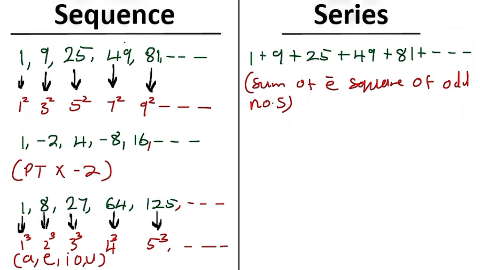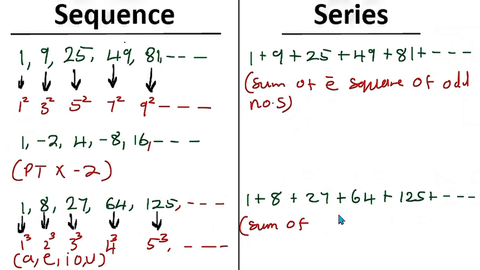In this case, we can also say that we have 1 plus 8 plus 27 plus 64 plus 125 plus, and it goes on. So we can quickly say we have the sum of cubes of natural numbers.